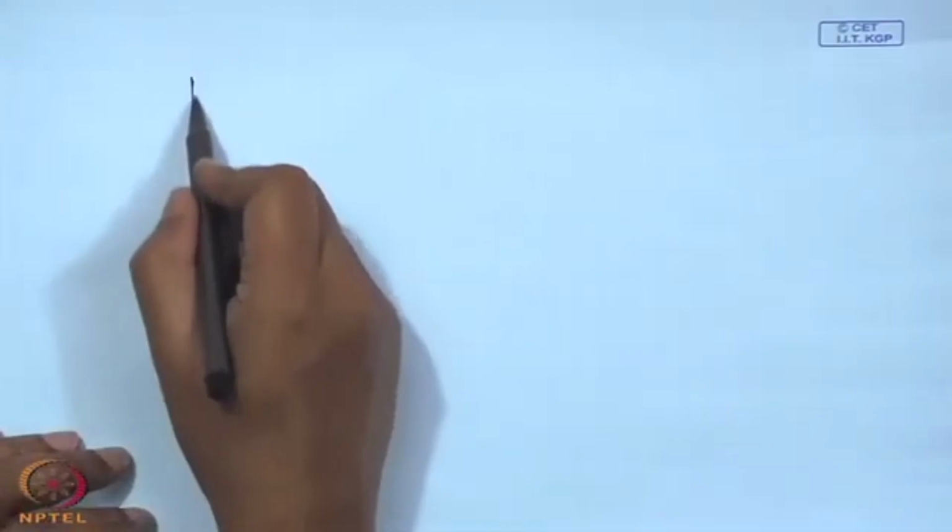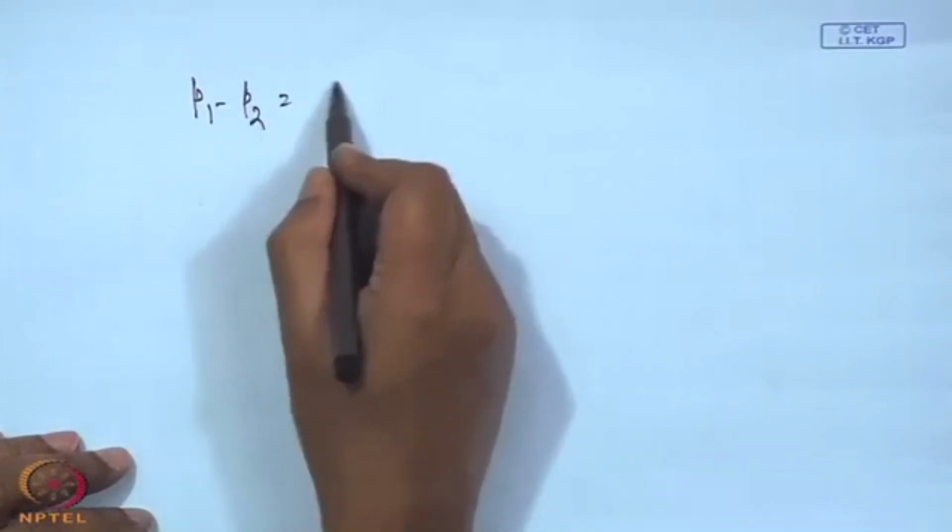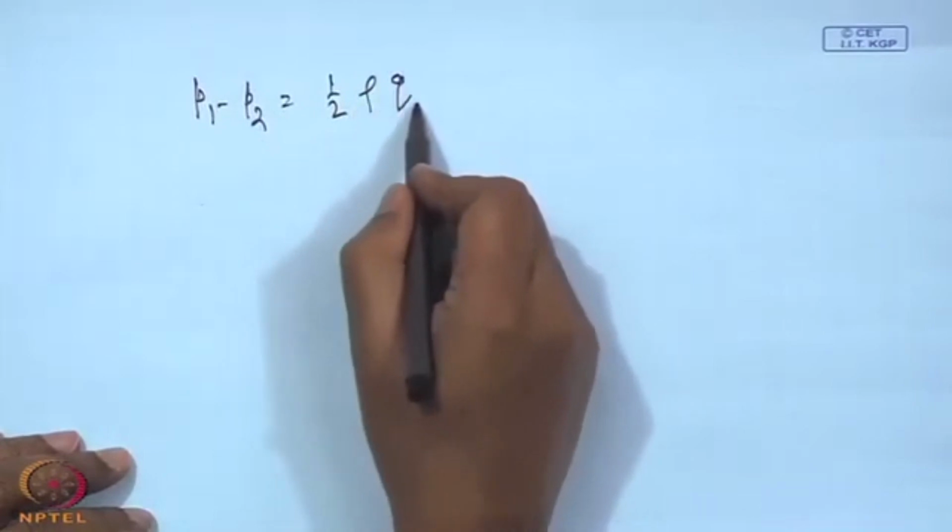And now we can complete that P 1 minus P 2. Of course, we do not know what is the rho. Let us assume that this fluid is air and take the standard value of air density, which happens to be 1.225 kg per meter cube. If no density is specified, but it is air, then you can always use 1.225 kg per meter cube.